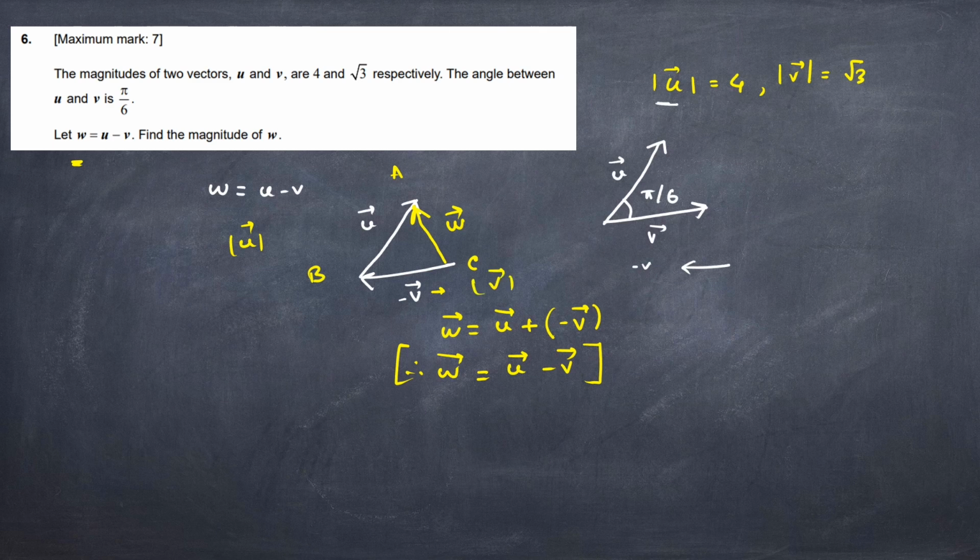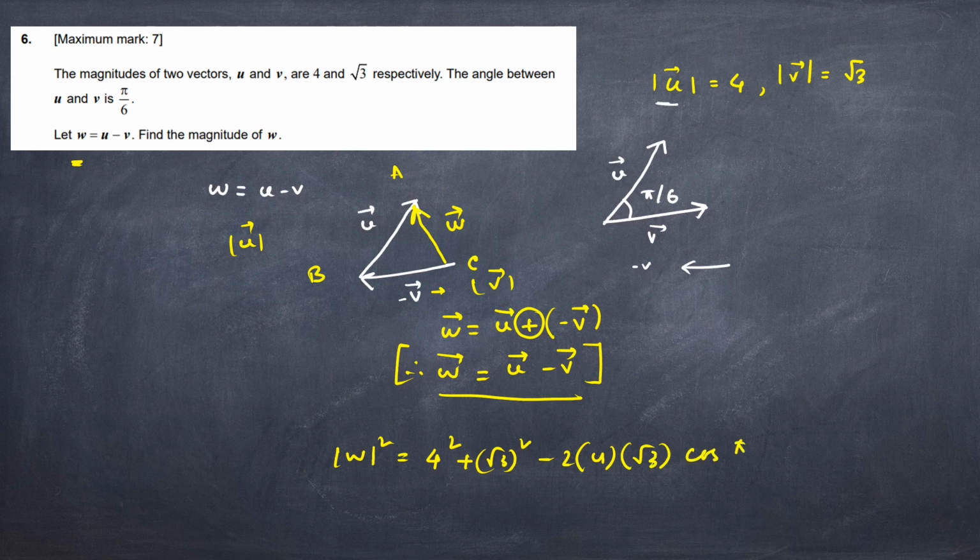As w satisfies the addition property of vectors, we can write w square is equals to 4 square plus root 3 whole square minus 2 into 4 into root 3 into cos pi by 6. We will solve this in the next slide.